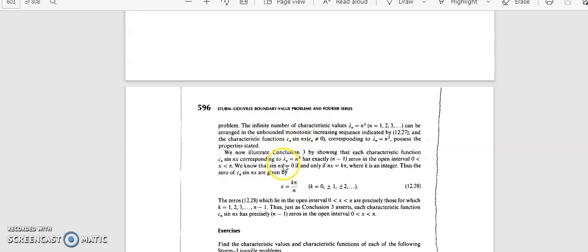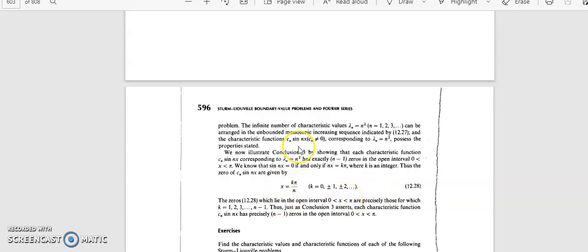So the roots will be given by sin nx equal to 0. If sin nx is 0, then nx must be equal to k pi, where k is some integer, and now x will be equal to k pi by n. So in general k can be 0, plus or minus 1, plus or minus 2, etc.